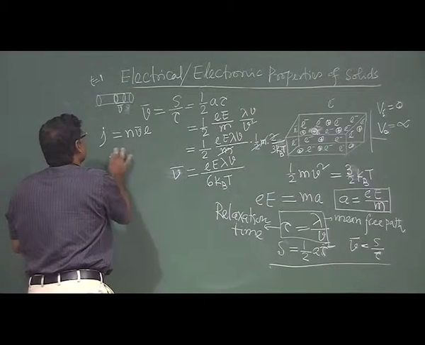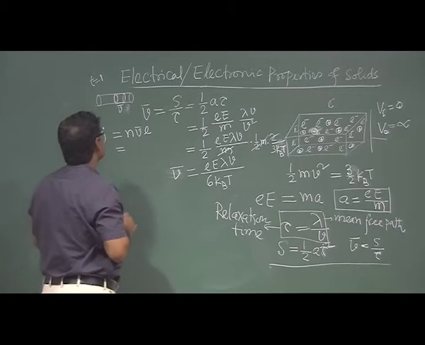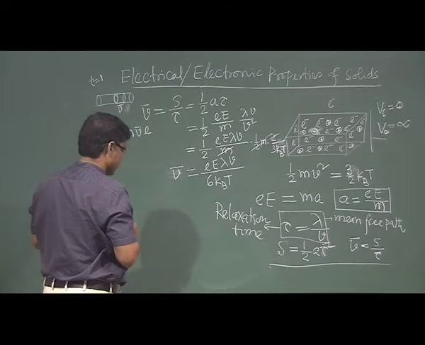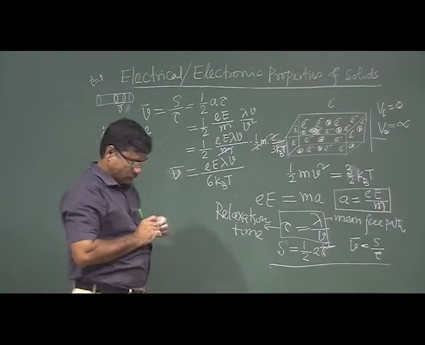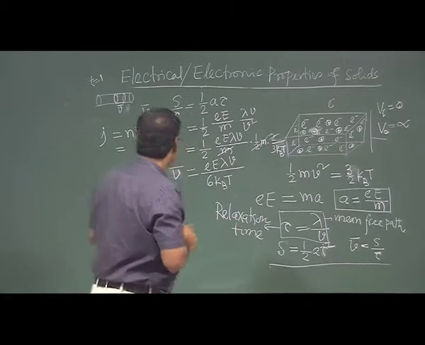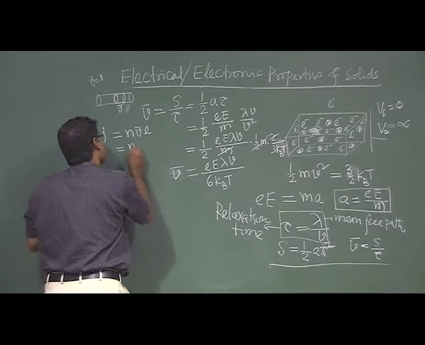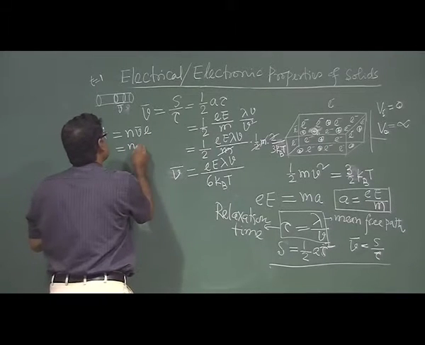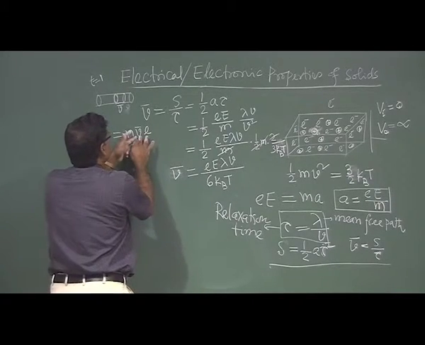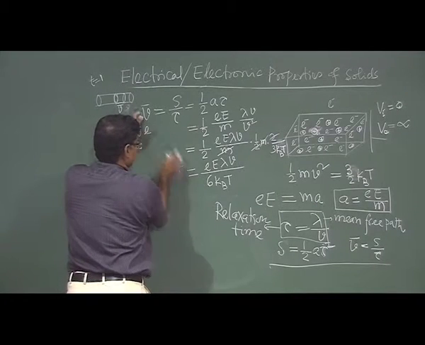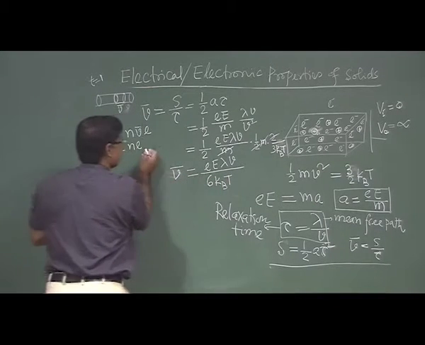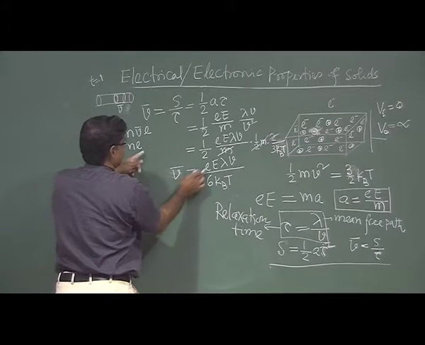So, to get this charge density, we have this n, this e, and that v bar. We have got this v bar is this. So, one can write e here.